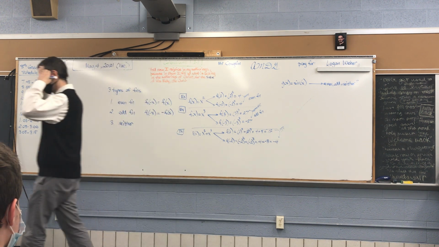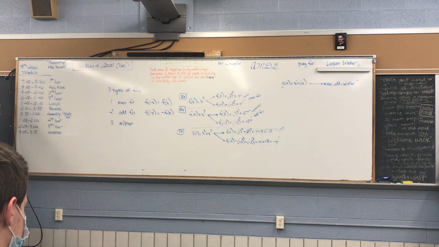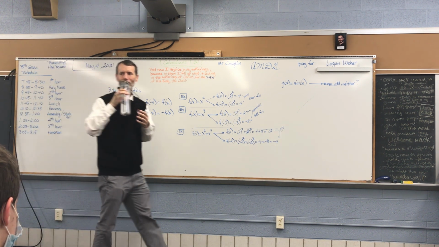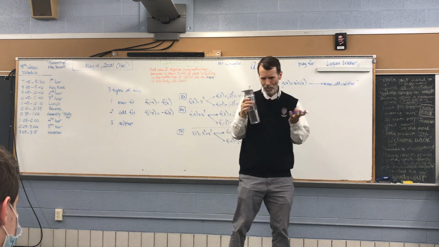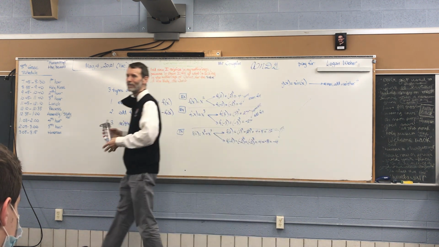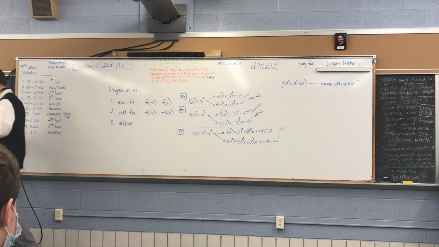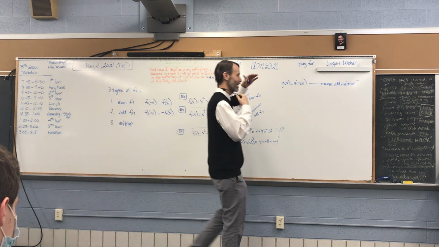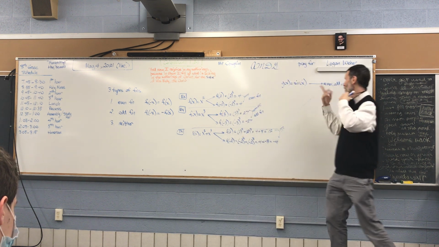If I give you any old random function, how do you test for evenhood or oddhood, so to speak? Like I tested f of x by plugging in a positive something and a negative something. So what do we do here?